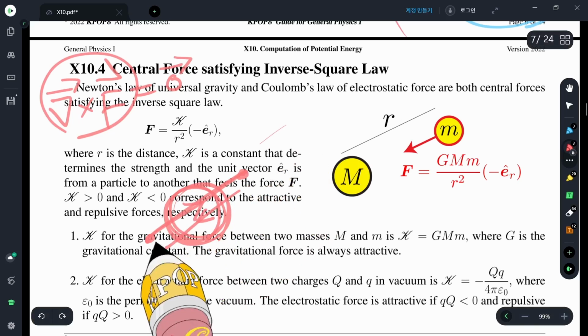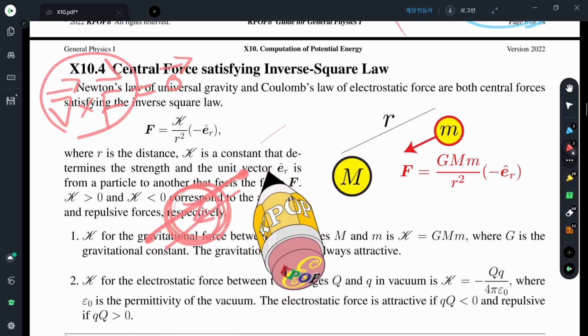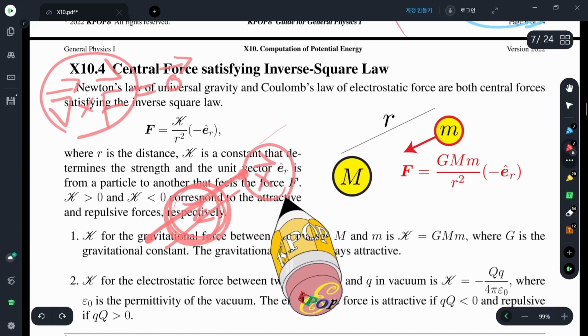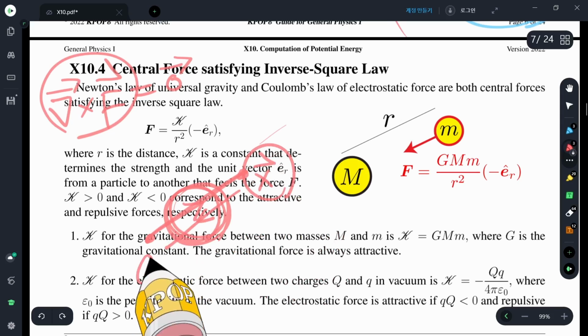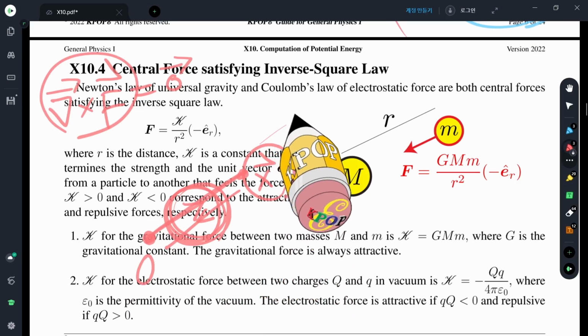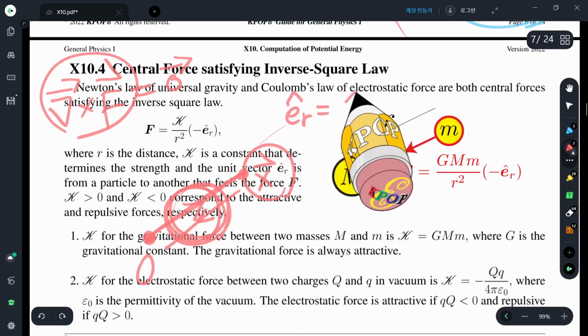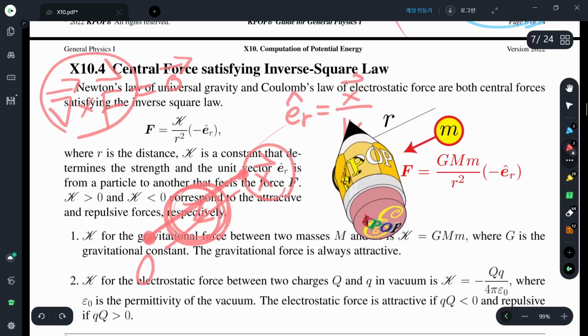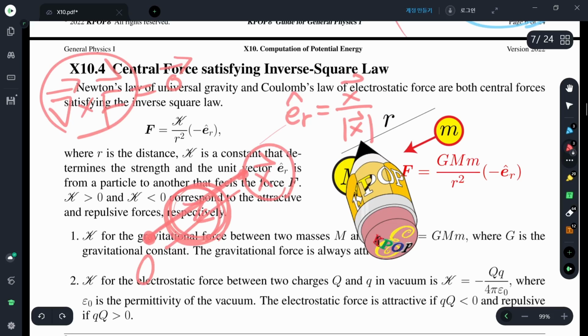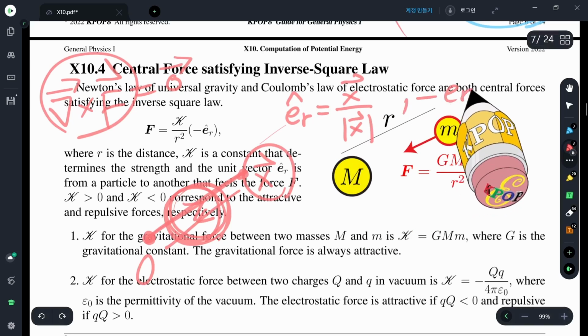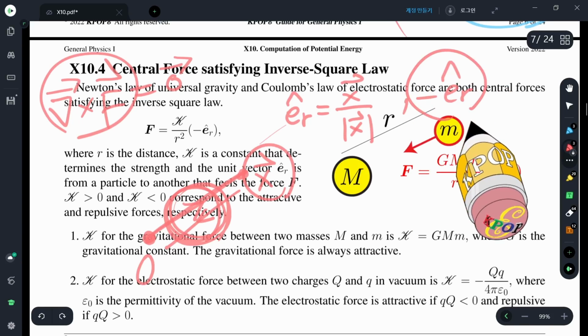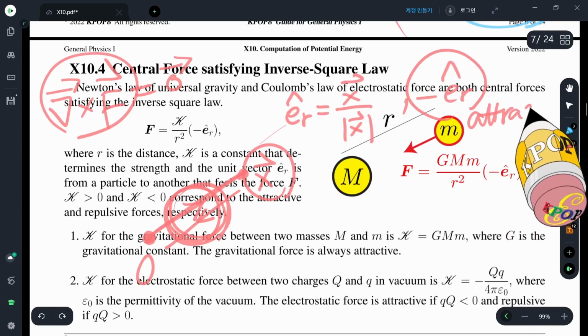So, if we choose the position of the particle to be x and the origin to be the position of the other particle, then the force is always proportional to e_r, that is x divided by the magnitude of x, or minus e_r. If it is minus e_r, it is attractive.